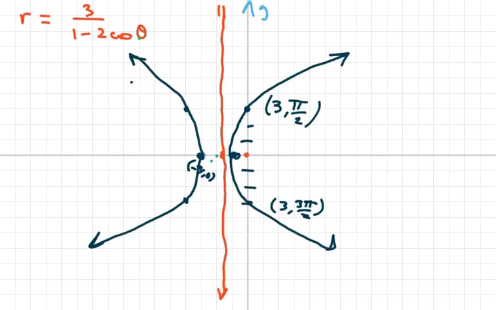If you want to find the center and all that, we can find the center by finding a. So a is going to be 1/2 of 3 minus 1, which equals 1. So the center is at 1 plus 1 comma pi.